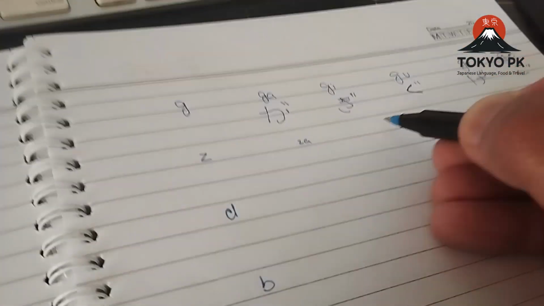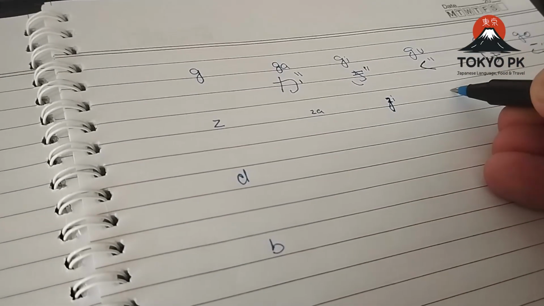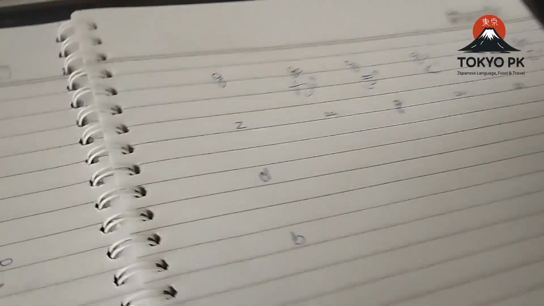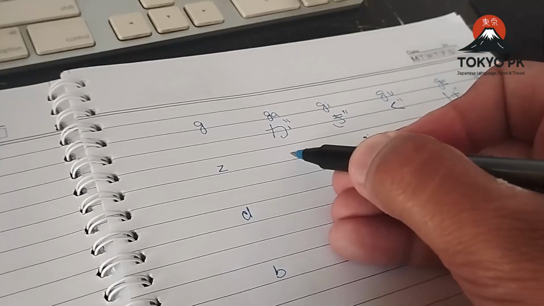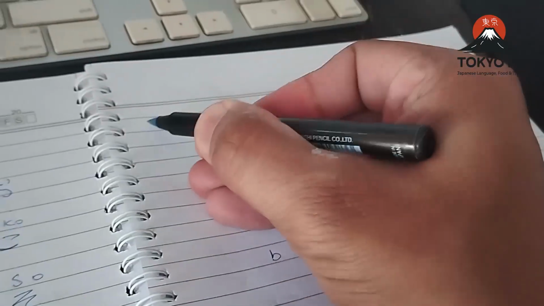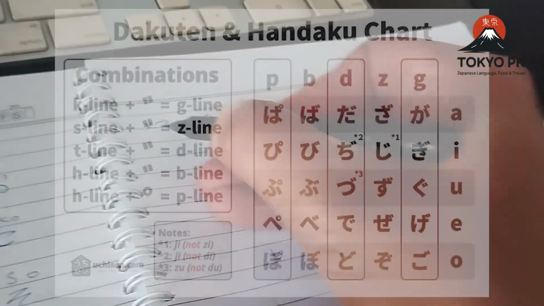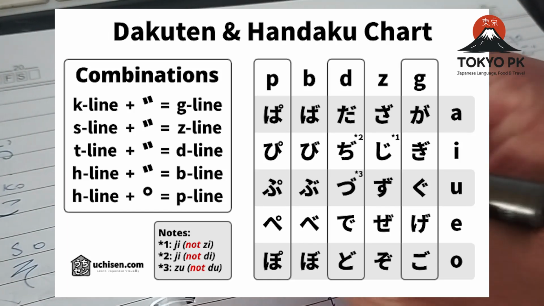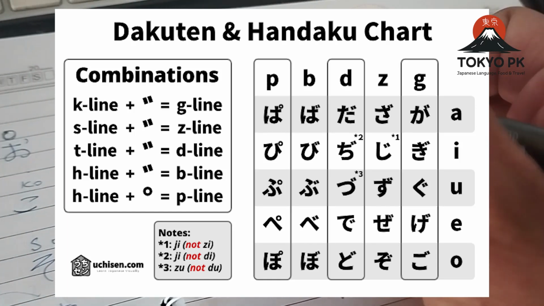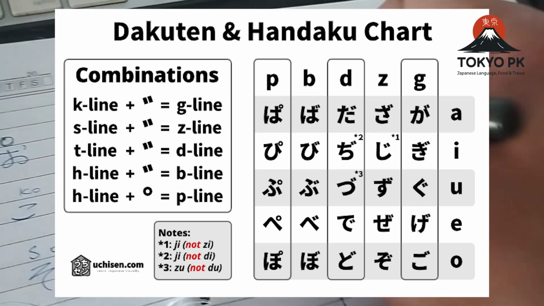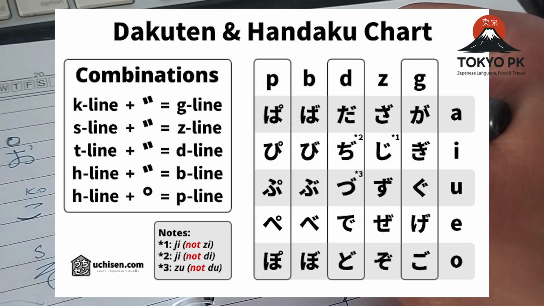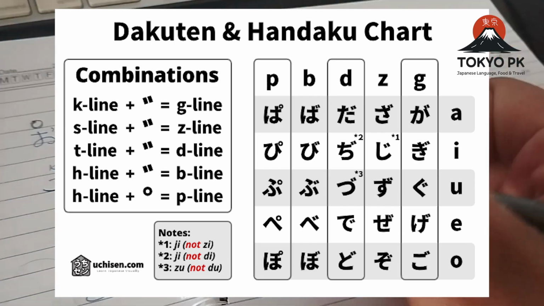Now za, ji, zu, ze, zo, okay. Za, how do we write za? So ka changes into ga, s changes into z if a double quote is added. If we add a double quote on sa, it changes into the za sound, and if we add a double quote on ka, it becomes ga.